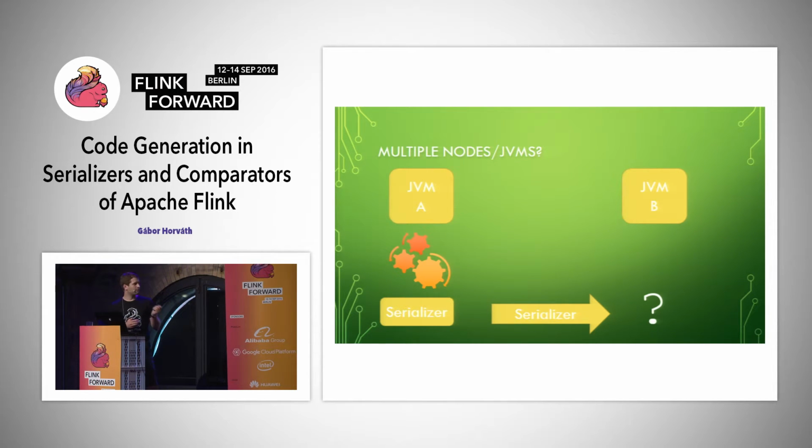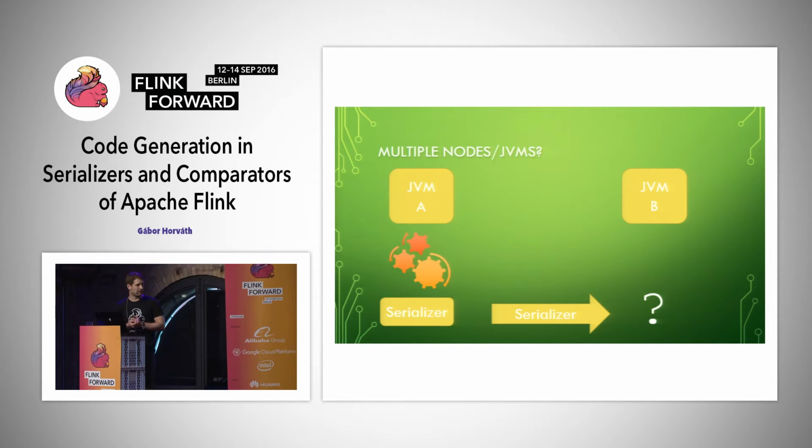Basically, when we compile a serializer on one JVM and we send the serializer to another JVM, during the deserialization, we need to load the class of this serializer, but that class is not available in the JVM that received this serializer. So what can we do?